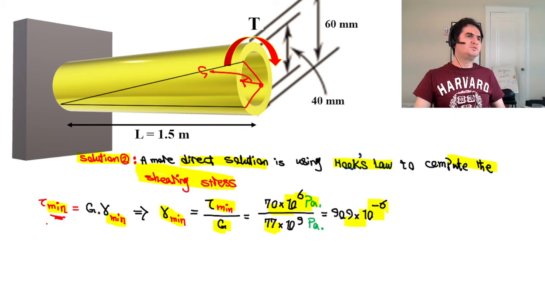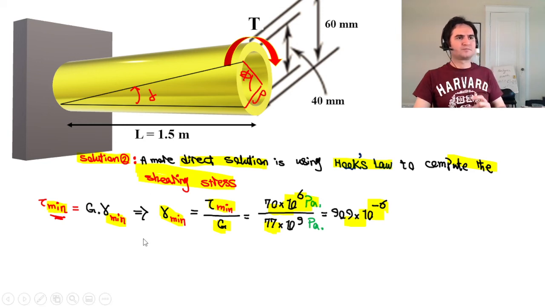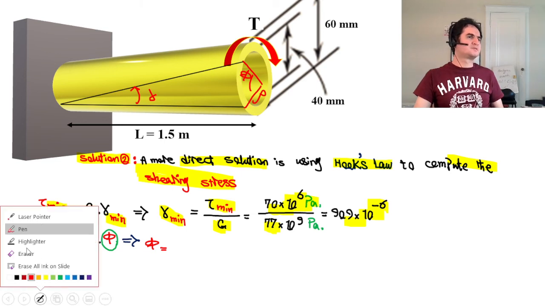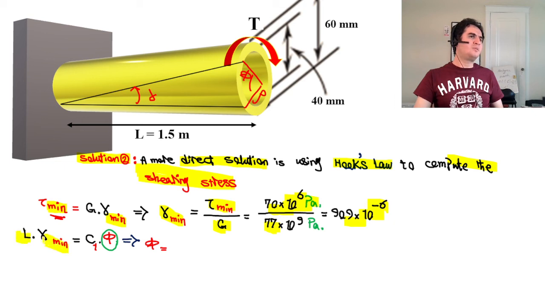Now if we come to the geometry of the problem, and we call this gamma, this is again phi, and this is rho, we can easily observe that L times gamma minimum equals phi times rho minimum, and rho minimum stands for C1 as the inner radius.